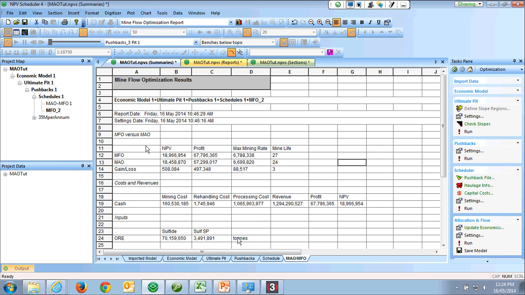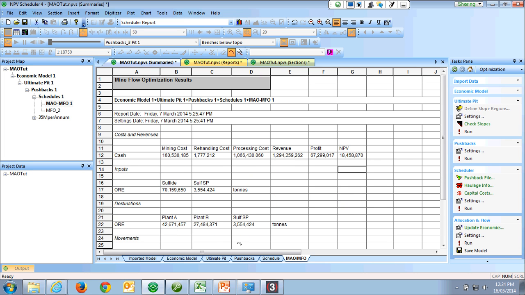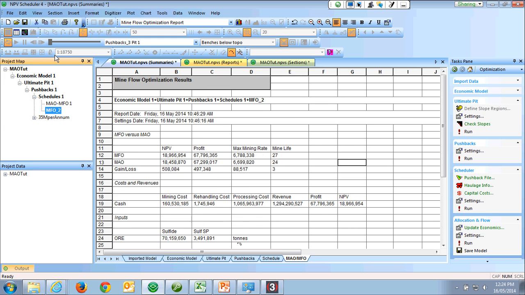So the original case was 18.4 million, and by allowing the mining rate to increase, we are able to increase the value from the 18.4 to 19 million and shorten the mine life.